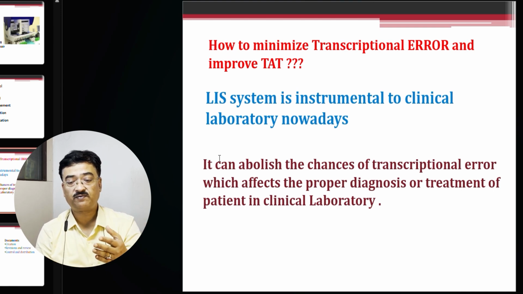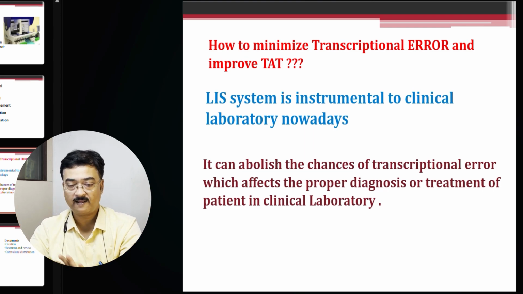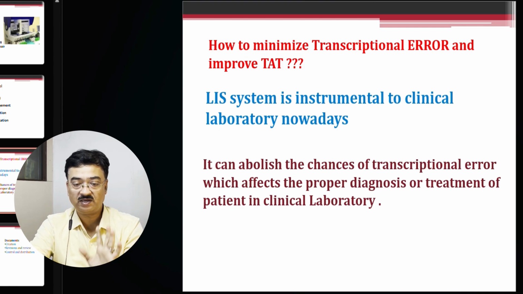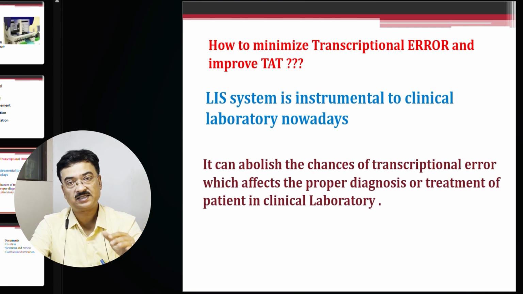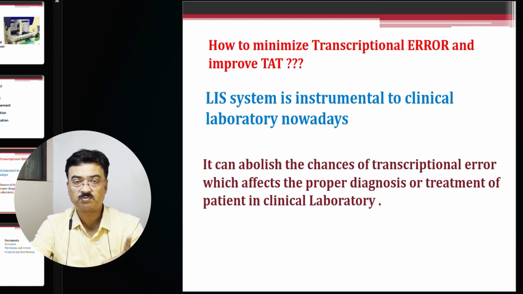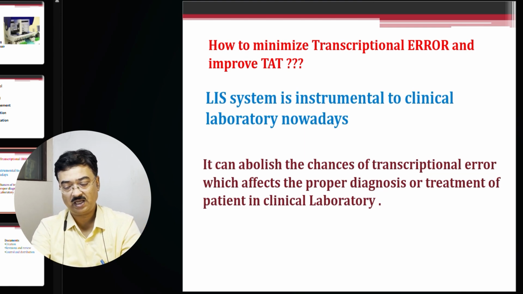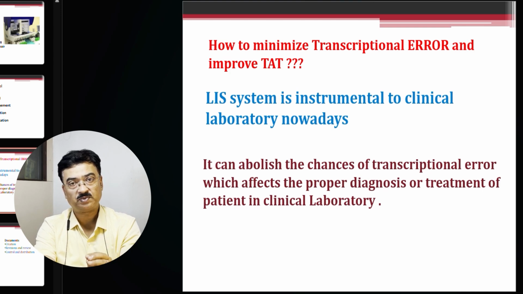Therefore, the chance of transcription error or manual error is minimized, and the time taken to note the result from the instrument and type it in is totally gone with the advent of LIS. Now, LIS is not rocket science. Even the smallest laboratory can afford it, and you will find most laboratories have taken up some software in their operation.